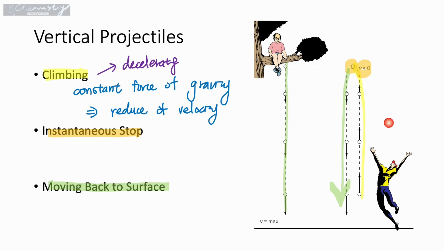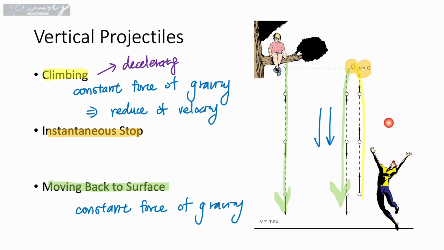We still have a constant force of gravity acting on it. And in this case, because the force is going this way, the movement of the ball is also going this way. So it is going to slowly increase the velocity, and this is going to result in acceleration.